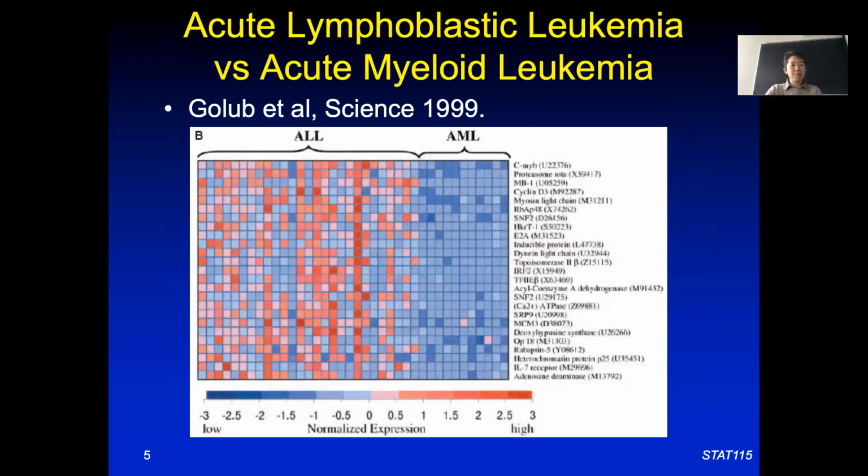In this study, Todd Golub used the microarray to process patients. Here every column is 1 patient and every row is 1 gene. In this array, they evaluated all the different genes in the human genome. With enough ALL or AML samples, they could see that some genes are uniquely highly expressed in one type of cancer versus the other.